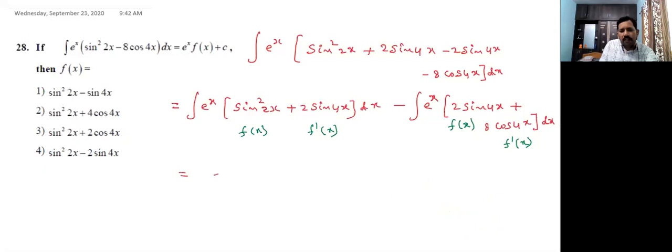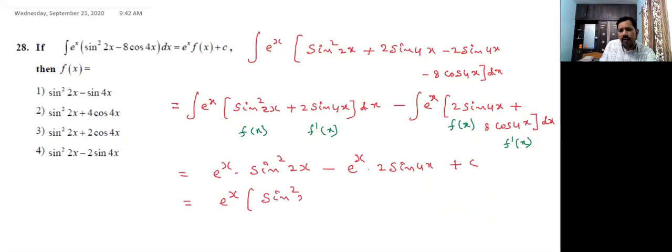That is equal to e power x into f of x. F of x means here sine square 2x, minus, in the second part, e power x into 2 sine 4x plus c. Now, in the first two terms, take e power x common. The remaining is sine square 2x minus 2 sine 4x plus c.